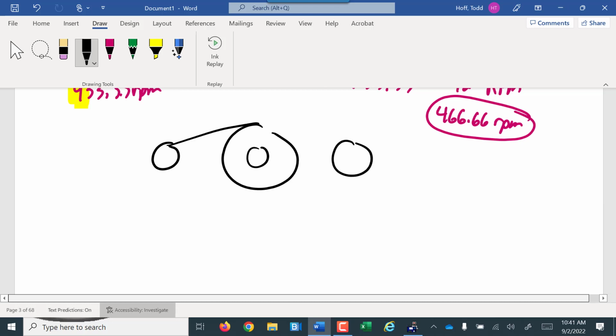This is a little bit simpler because it's easier to draw. So let's say we got a 6-inch pulley here on a motor that is turning 800 RPM, connected to a 20-inch pulley that has a 5-inch pulley connected to it, going to a final that is a 10-inch pulley.